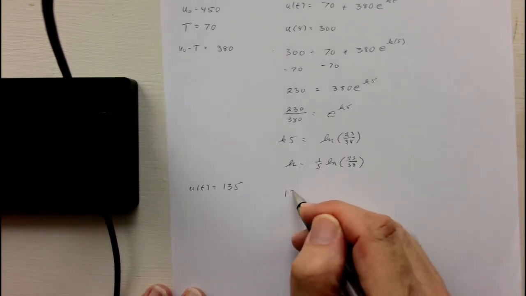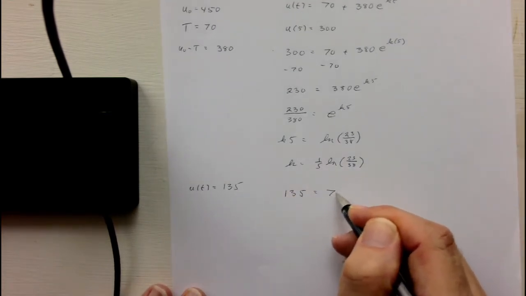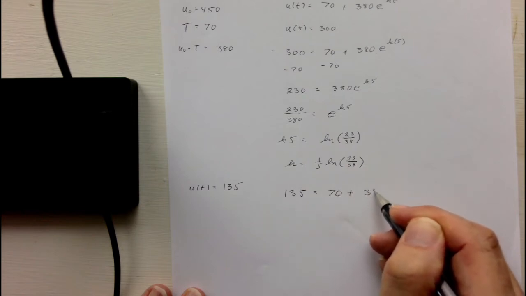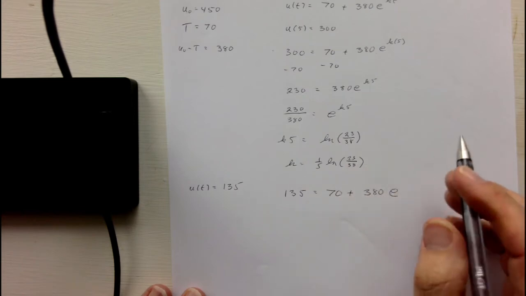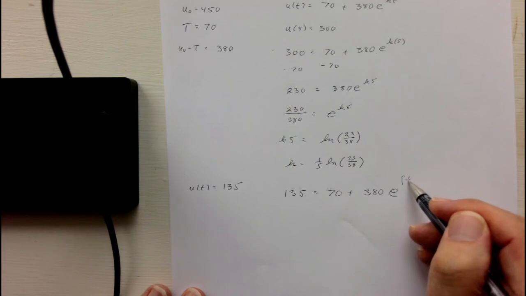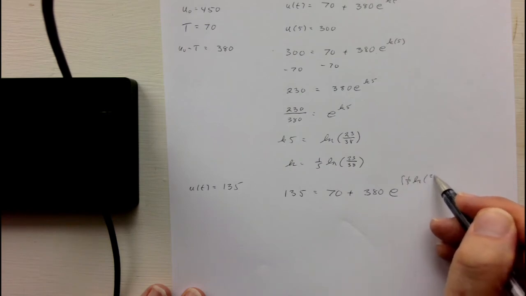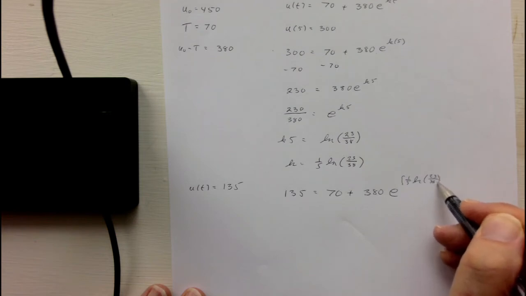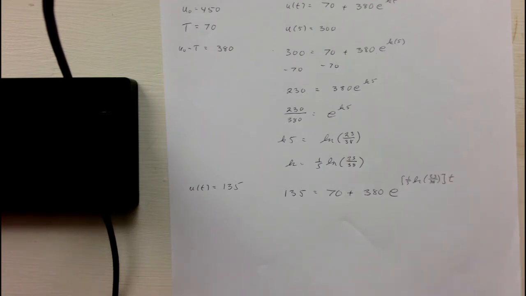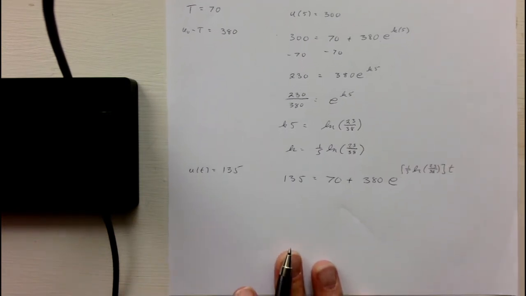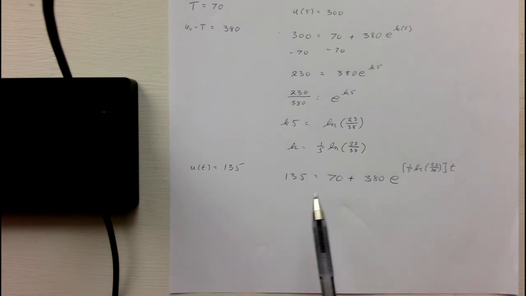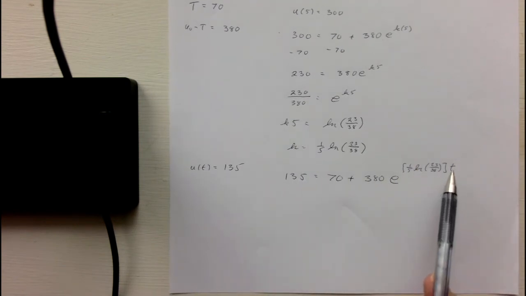So 135 is equal to 70 plus 380 times e raised to our k, which we now know is 1/5 natural log of 23 over 38, times t. Seems like an ugly expression, but we know everything is a number except for t.